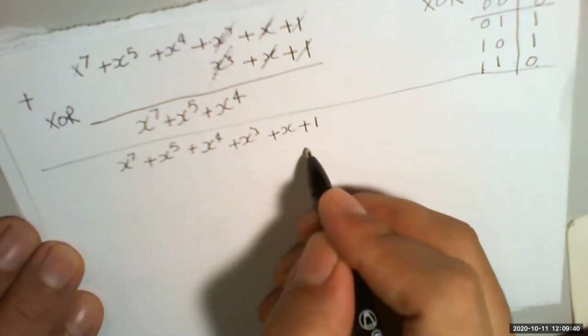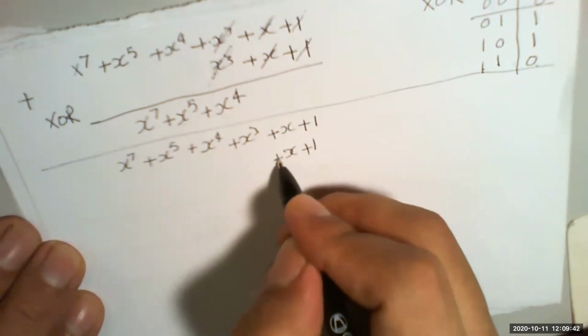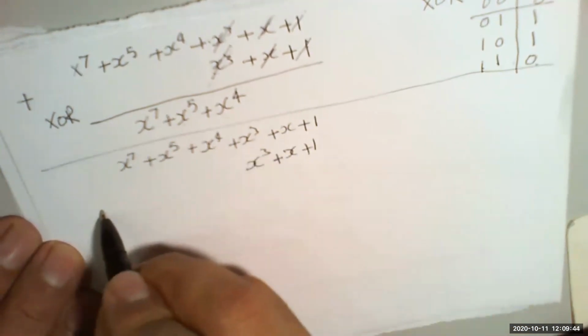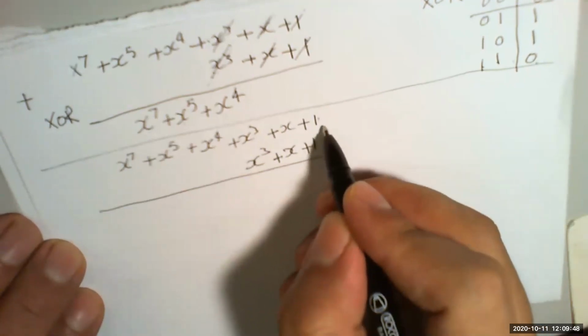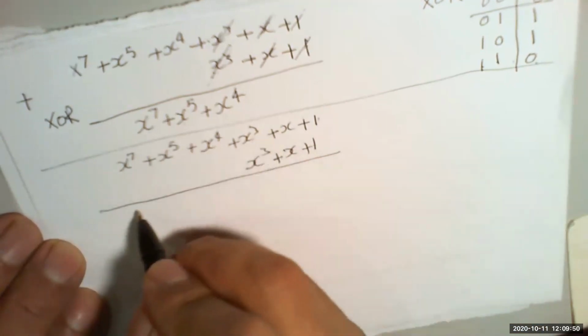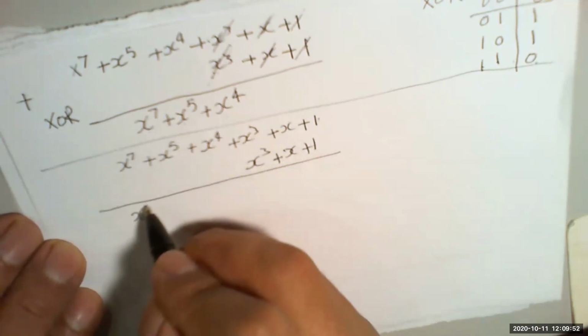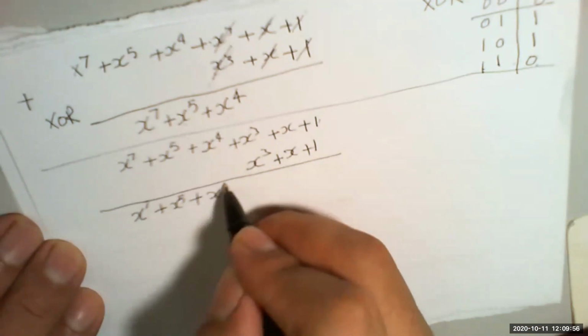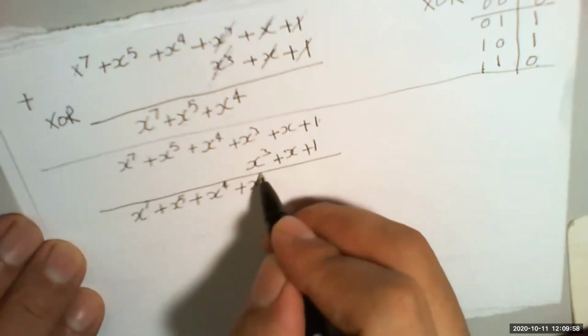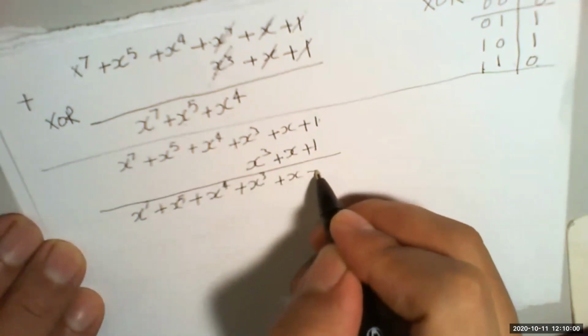This is multiplied by 1 plus x to the power 3. This is multiplication. So I multiply 1 by the entire polynomial. This is going to give me x to the power 7 plus x to the power 5 plus x to the power 4 plus x to the power 3 plus x plus 1.